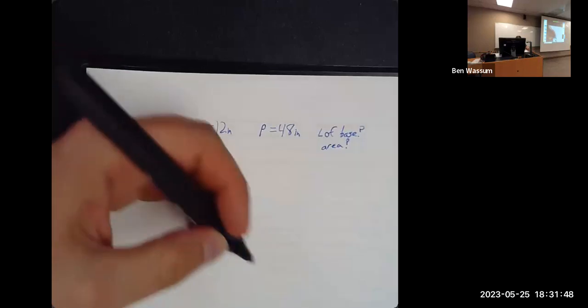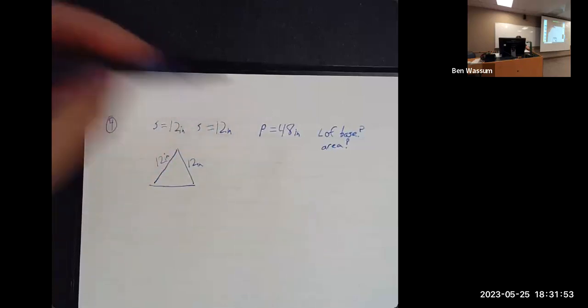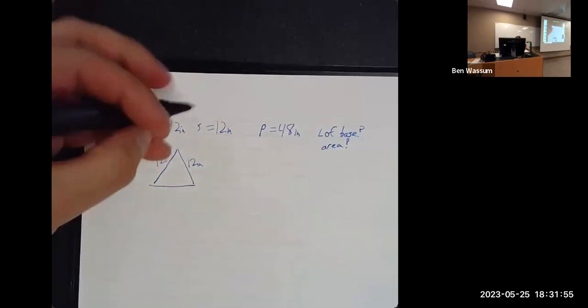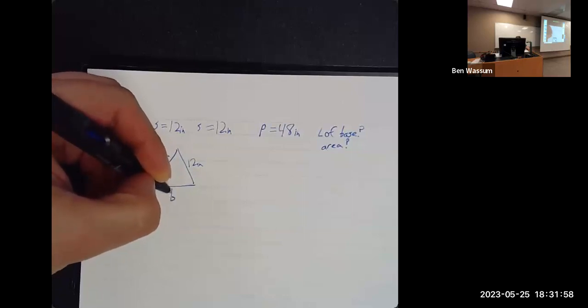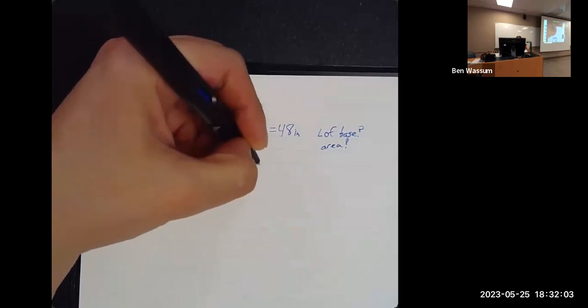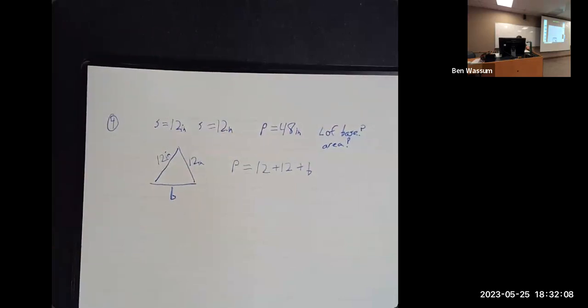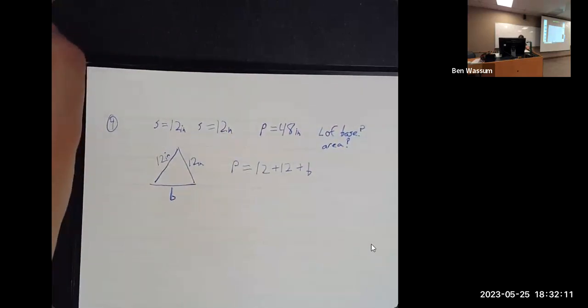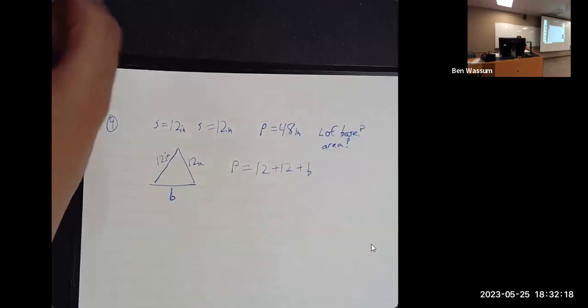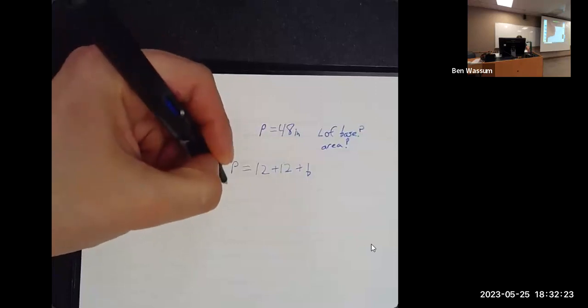Now, we need to know what the base is, but we don't know what it is because we're just given the perimeter. So if I decide to slap a B on there for base, then I know that our perimeter is the 12, the 12, and the base. Things I know, the perimeter is 48.